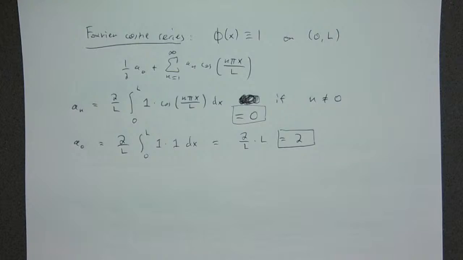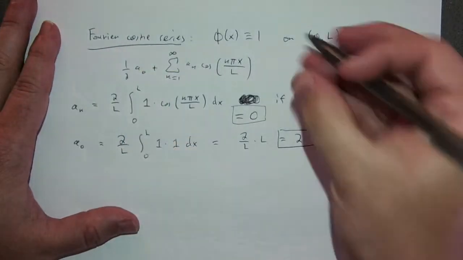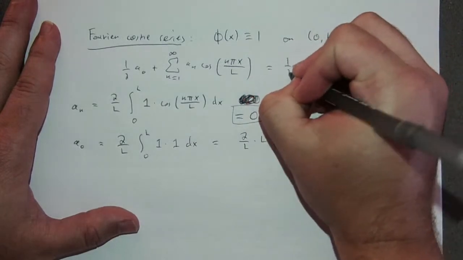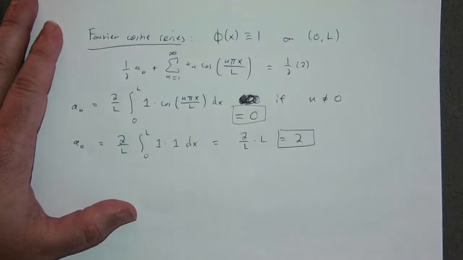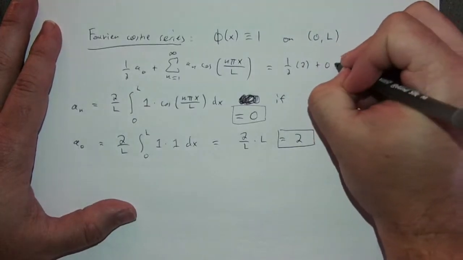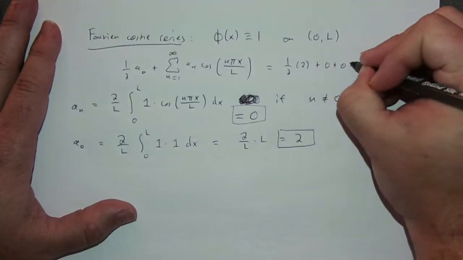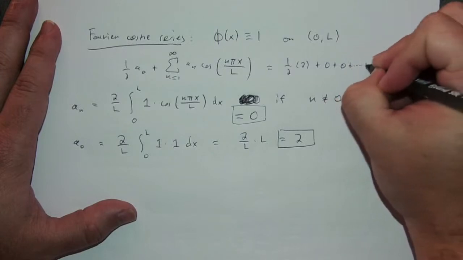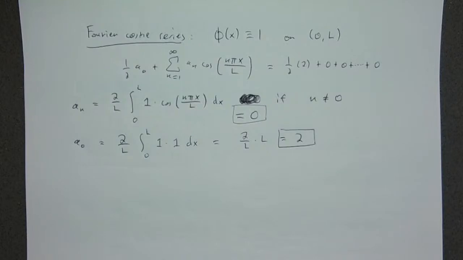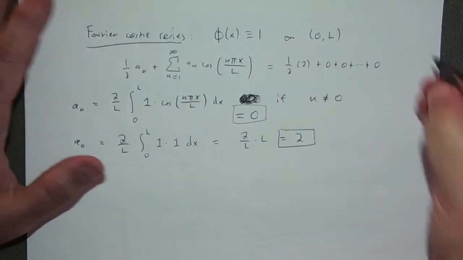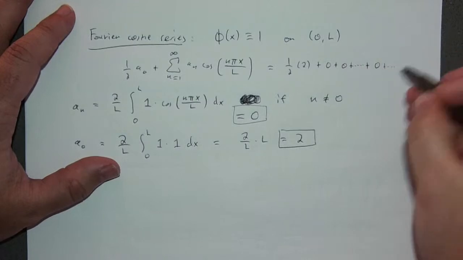And so the Fourier cosine series here is just 1/2 times 2, plus a bunch of zeros forever, if you like. Of course, there's infinitely many terms here, whatever. These are all zeros.